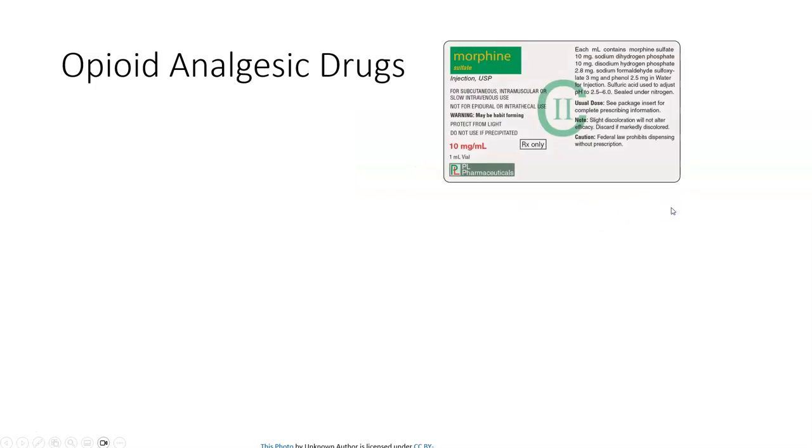Now, with morphine, the Joint Commission, a lot of times we use the abbreviation MS for morphine sulfate. The Joint Commission says that that is a do not use abbreviation because it could be mistaken for something else. So we're going to write morphine out. Now, it is a C2 drug, which we're also seeing here on this label.